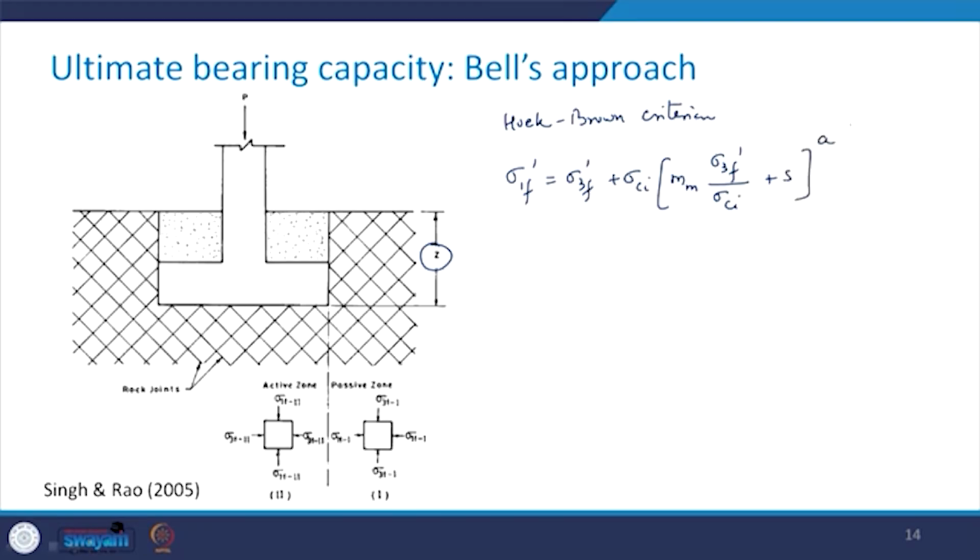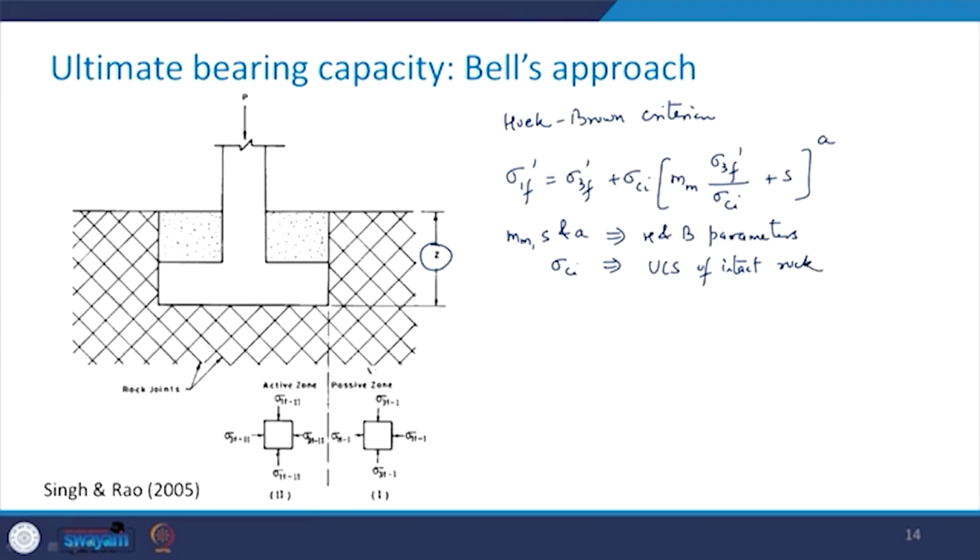This is the Hook and Brown criterion, where mm, s and a are Hook and Brown parameters, and sigma ci is the UCS of the intact rock.